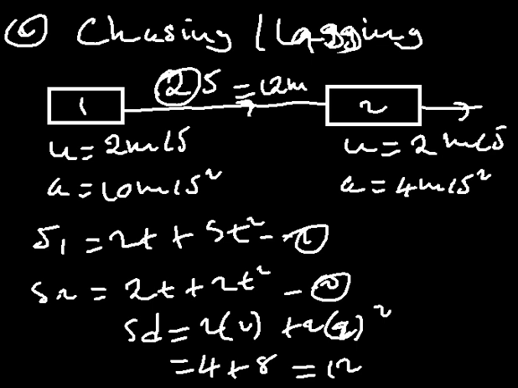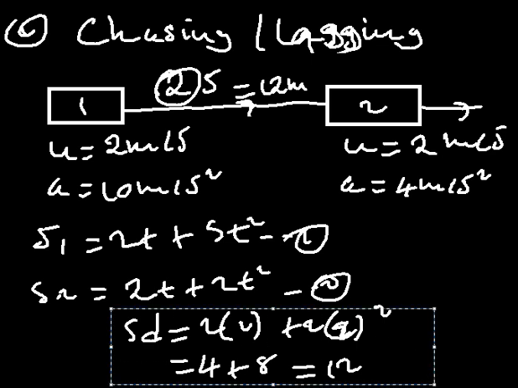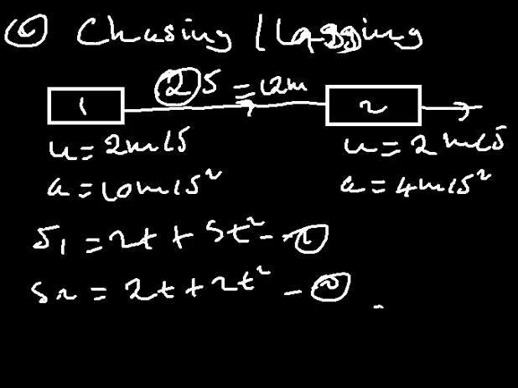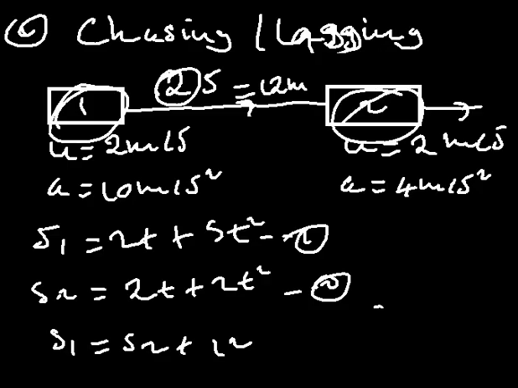From there you take it as normal, the way we have been discussing. We have S1 equal to S2 plus 12. Then you can get the time taken and also the distance each object has to travel before object 1 overtakes object 2, and you can also get the final velocities.